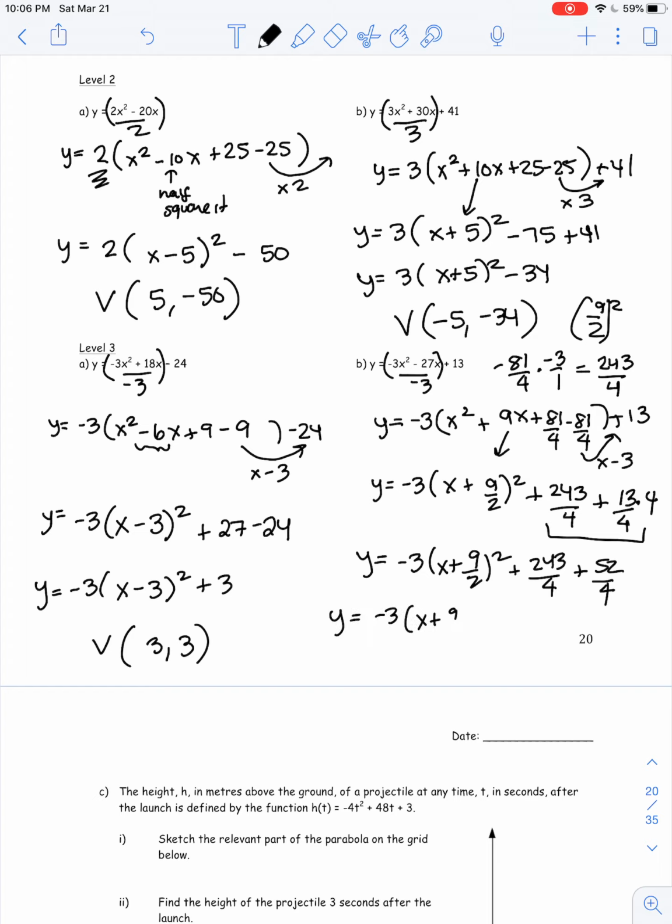Just going to rewrite it. Now, 243, we need to always add the numerators together. So if I add 52 to it, I get positive 295 over the same denominator of 4.